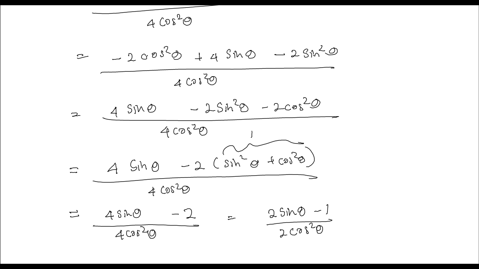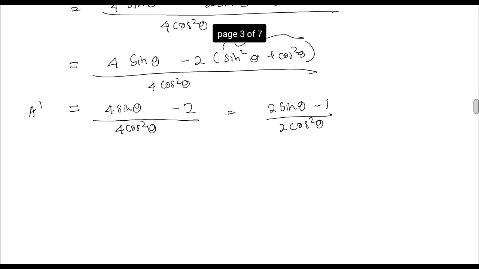Now that is A dash. So what happens at a maximum or minimum or stationary points is A dash should be 0. You should write those steps in the exam. I'm just not doing it because I'm a bit lazy to write all that.